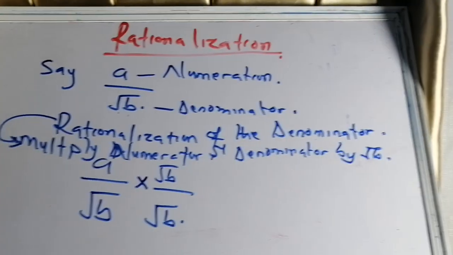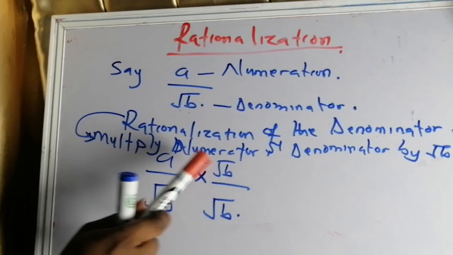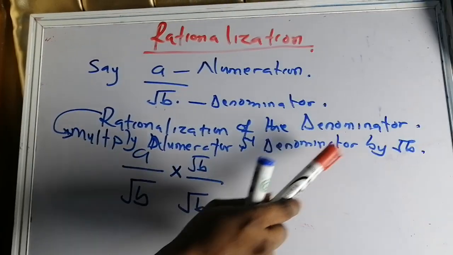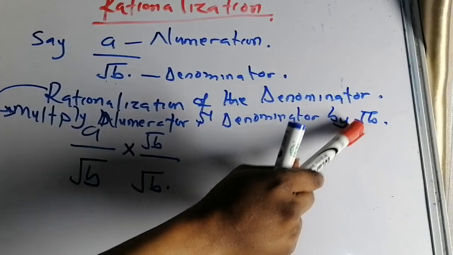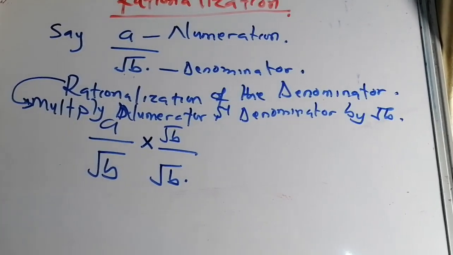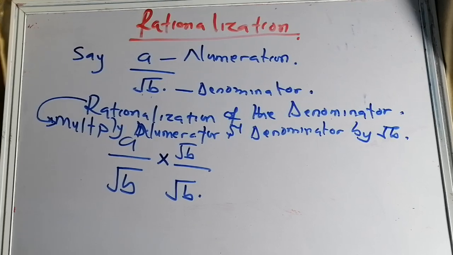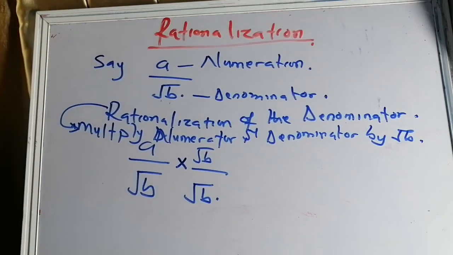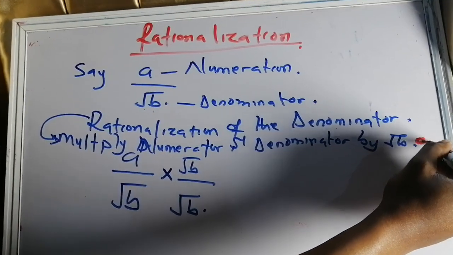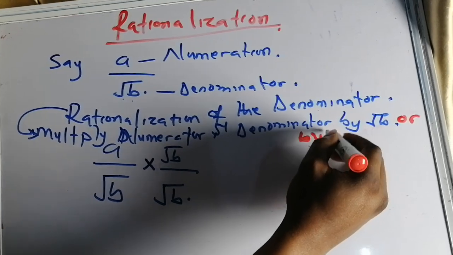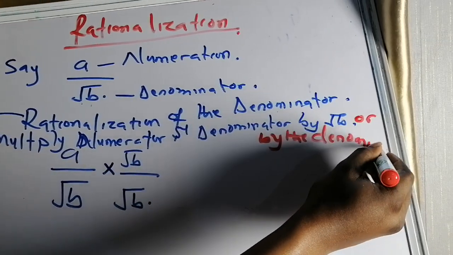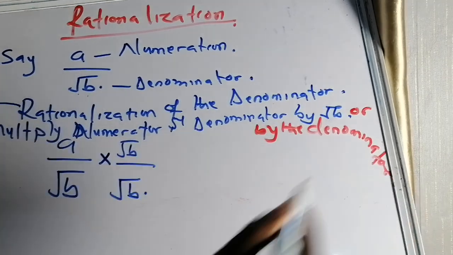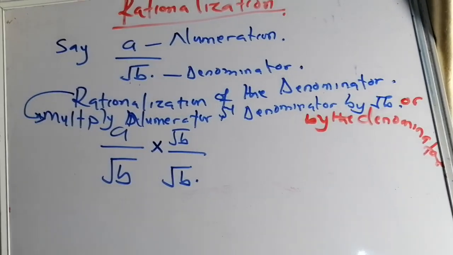For me to do that, I need to multiply numerator and denominator by root b, or by the denominator. Let me put that there because most of the time you might not see root b in the question.